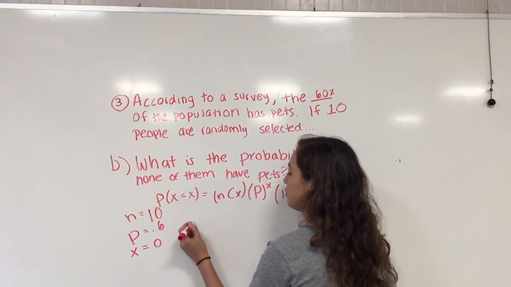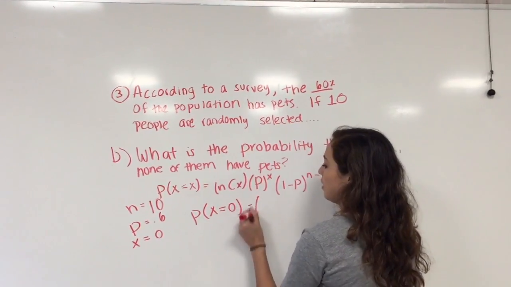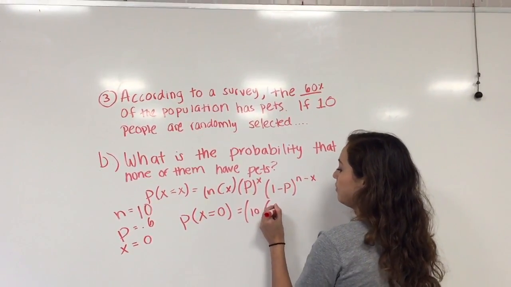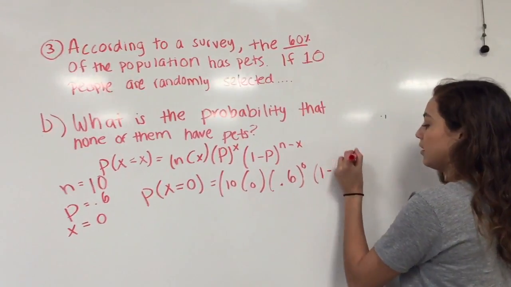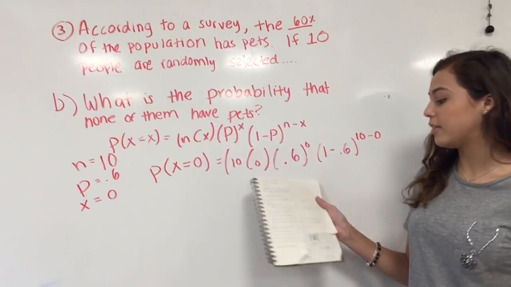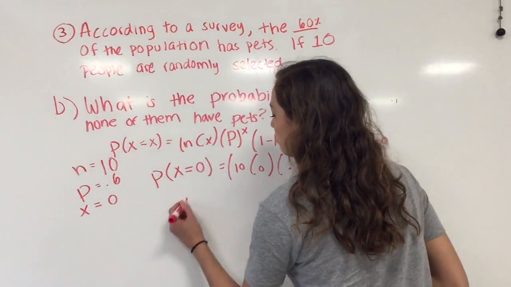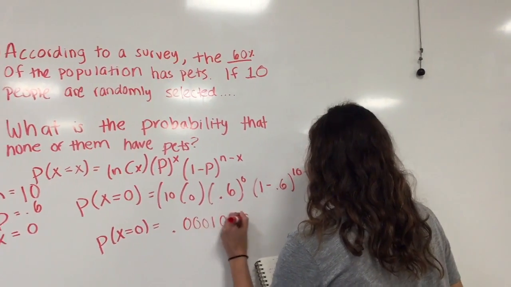Now you plug it into the formula: 10C0, 0.6 to the power of 0, 1 minus 0.6 to the power of 10 minus 0. Now all you have to do is plug it into the calculator, and the answer will be 0.00010485.